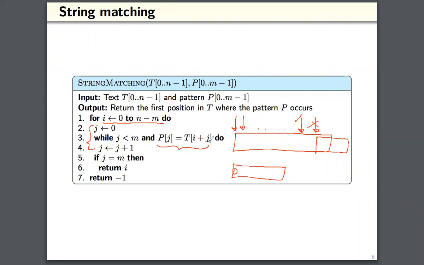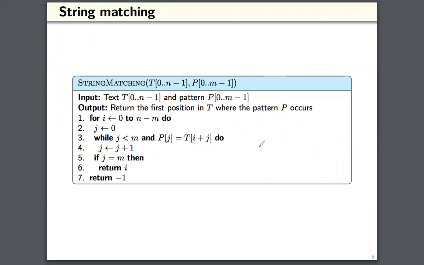0 of pattern is I plus 0. Okay, let me show you a generic comparison only, right? Suppose you are starting with the ith index of text. Now J is equal to 0, J is equal to 1, right?